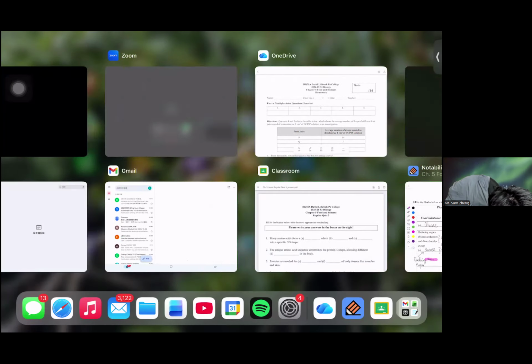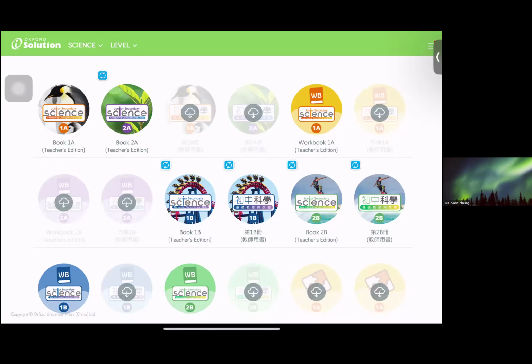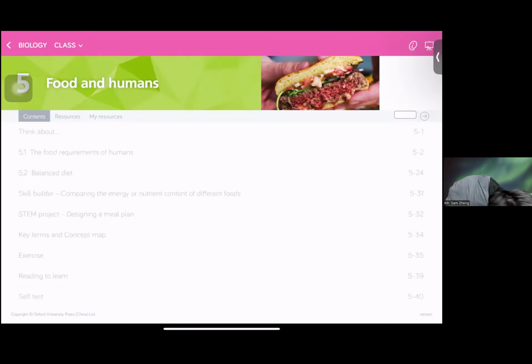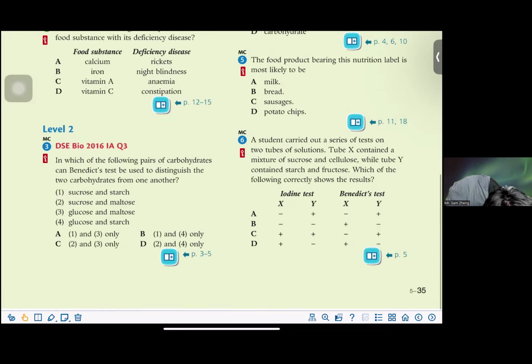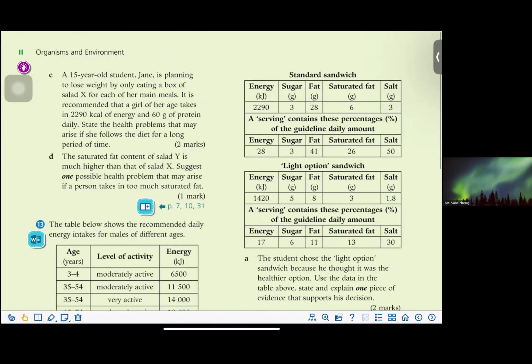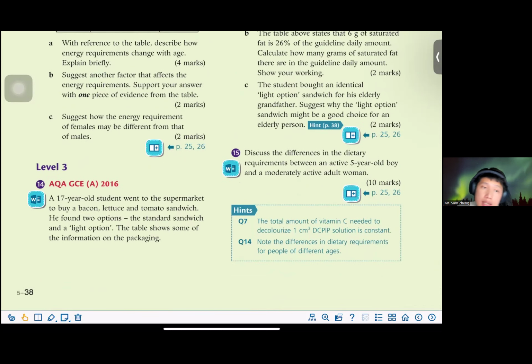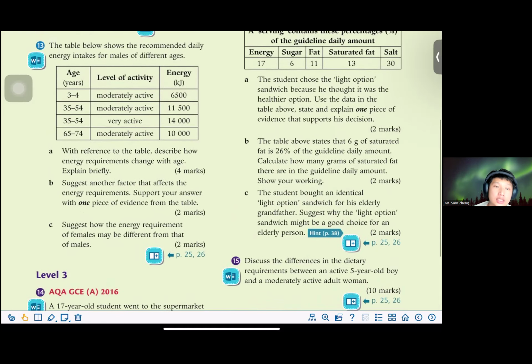Last lesson I asked you to work on one question, which is on page 38, question number 14, the GCE question.